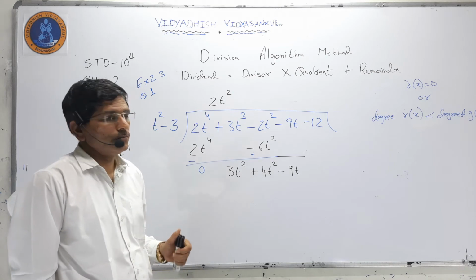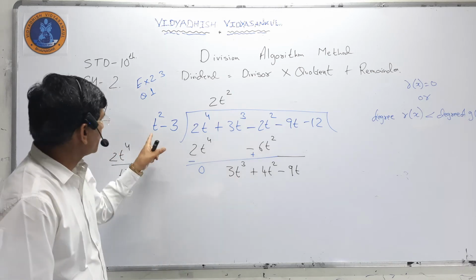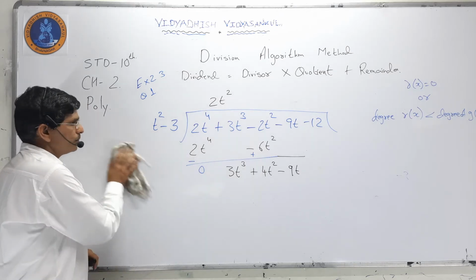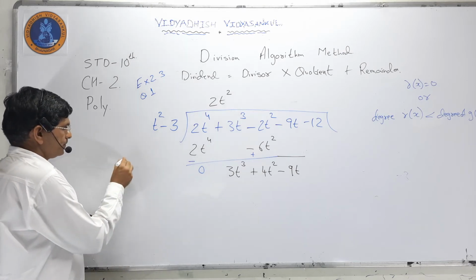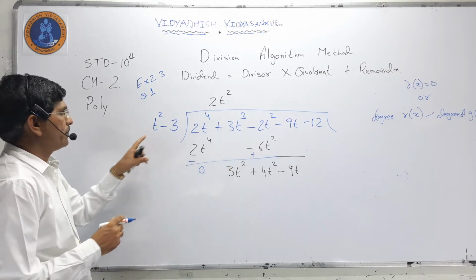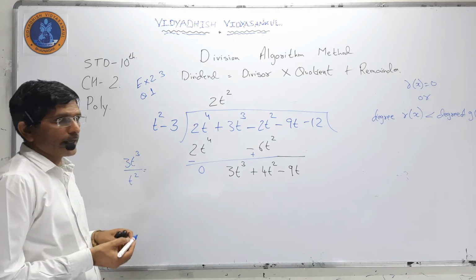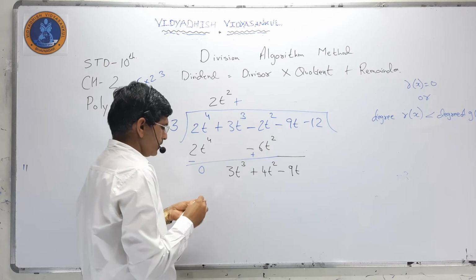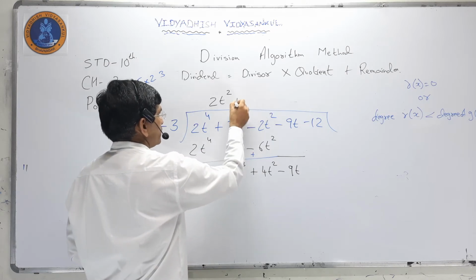Now what do I have to do? Again 3t cube divided by t square, 3t cube divided by t square. What do I have to write again? That is plus 3t.